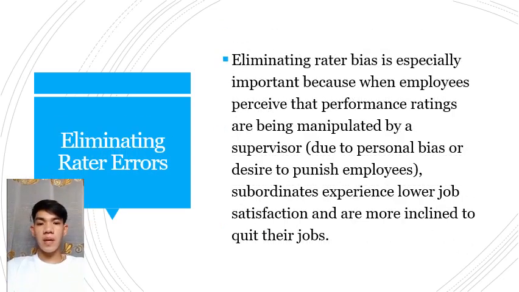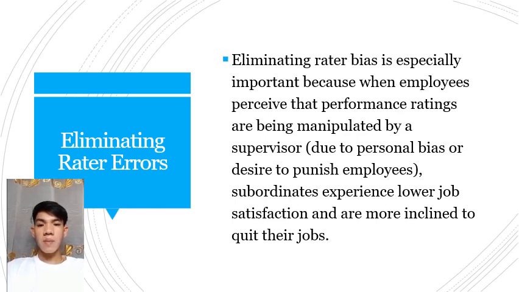Next, we have eliminating rater error. Eliminating bias is especially important because when employees perceive that performance ratings are being manipulated by a supervisor due to personal bias or desire to punish employees, subordinates experience lower job satisfaction and are more inclined to quit their jobs.